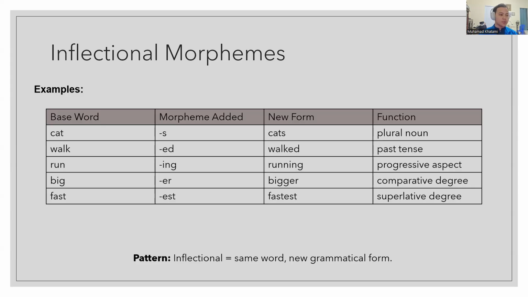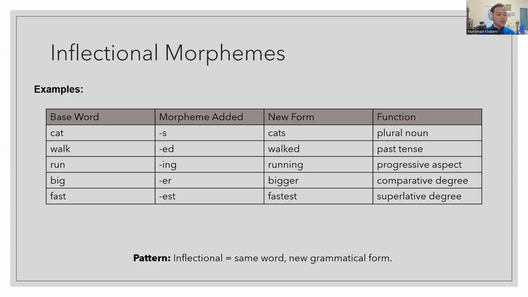And the next word is walk with the added morpheme of ed, creates the new form of walked, which is again the same word, but with the changed function that it became a past tense.